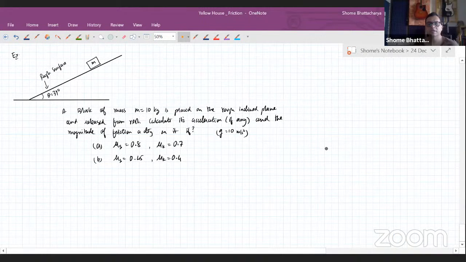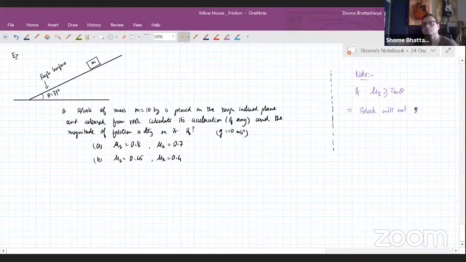Now we'll see how we can do this directly. We know that tan theta formula. So here we know that if coefficient of static friction is greater than equal to tan theta, then the block will not slip. So its acceleration will be zero and a static friction of magnitude mg sine theta will act.